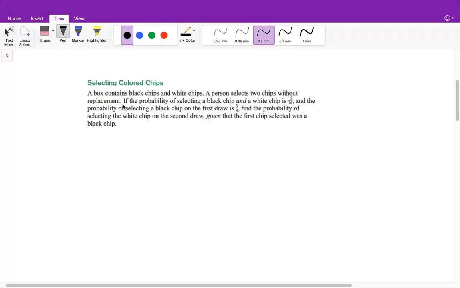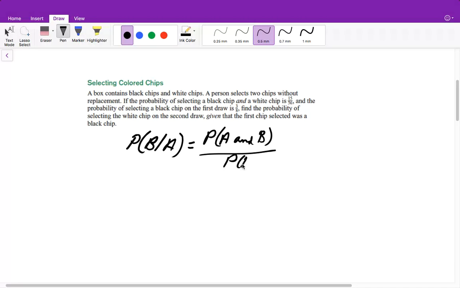The probability of B given A equals the probability of A and B divided by the probability of A. So remember, this slash does not mean division, but it means that event B is happening after event A already took place. So it's the probability of B given that event A took place.